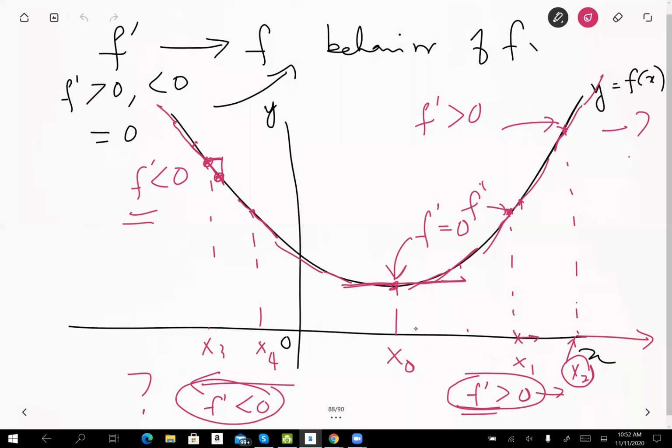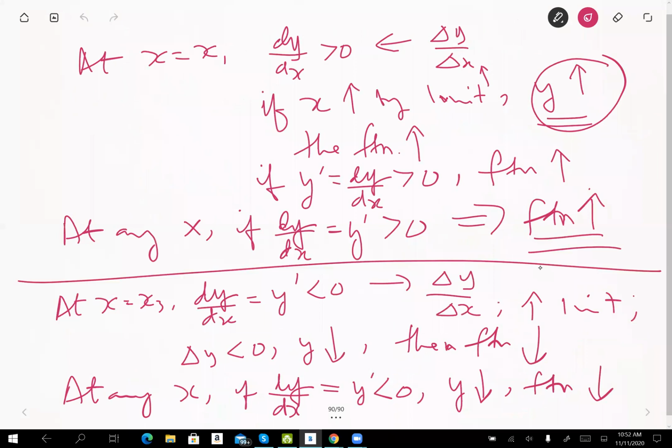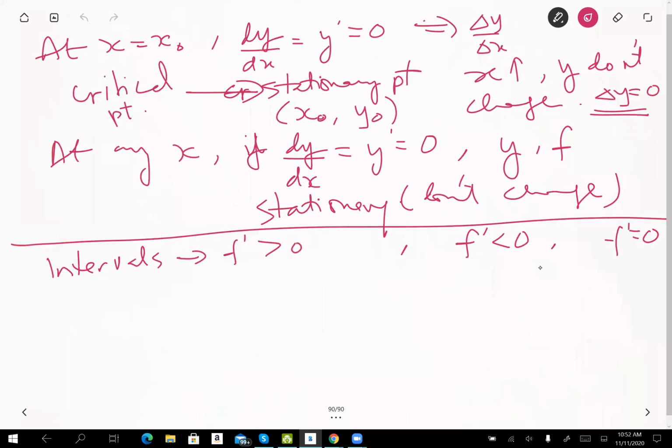So it must be a point not including x0, will be somewhere there. Call it whatever the value, but does not include x0. So the interval that we're talking about, where the derivative is positive, is from x0 to infinity.